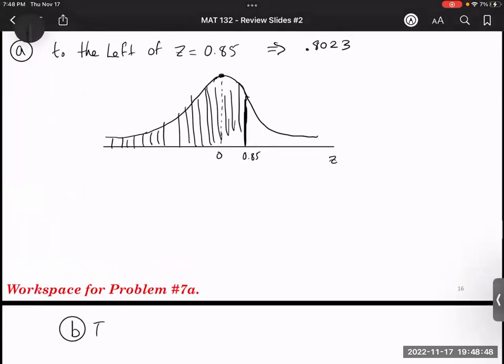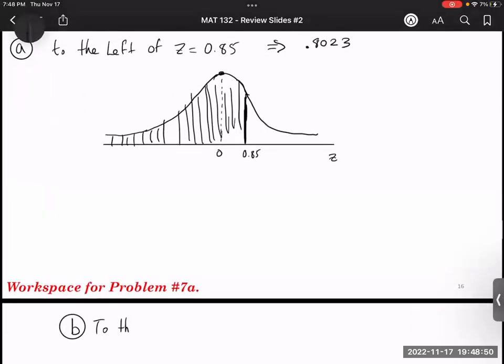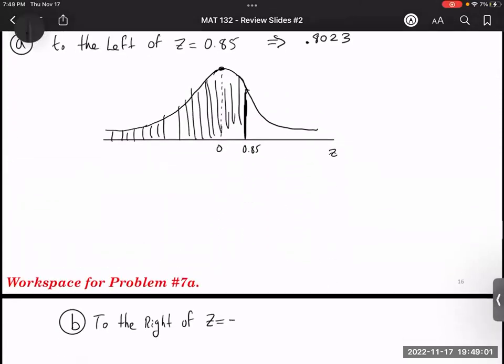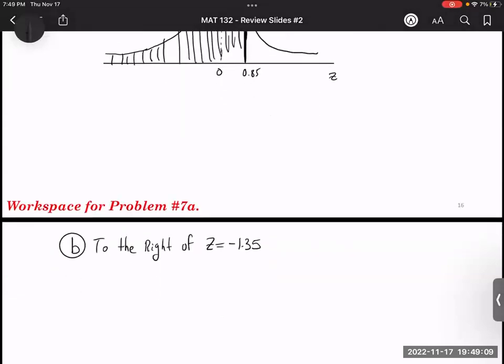So we're doing to the right of Z equals, again, negative 1.35. Okay, so I need to draw my bell-shaped curve. And of course, we have to sketch the region of interest.